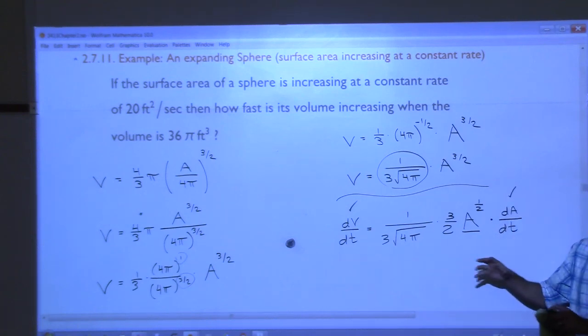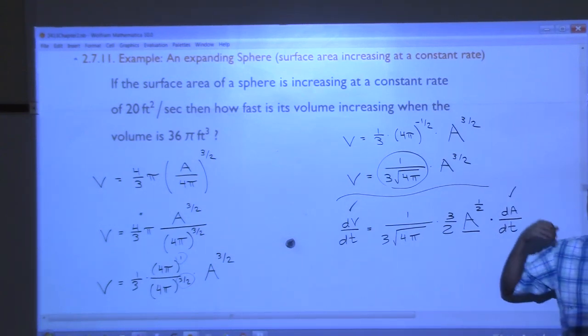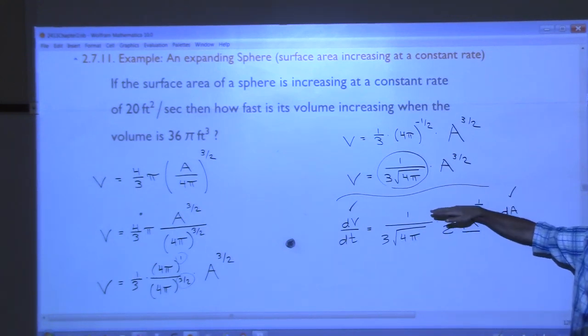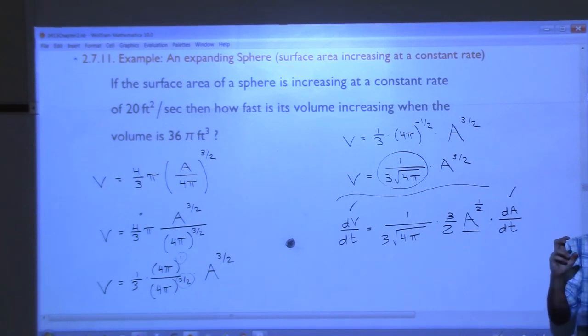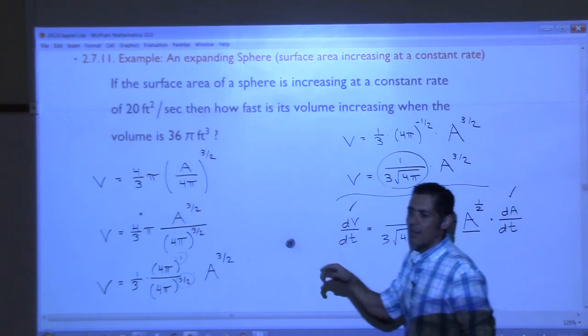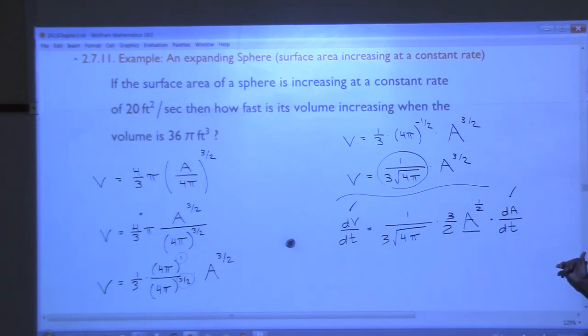See, at this point, and only at this point, I can start holding everything constant after the differentiation. Did I make that clear enough last time? That you cannot plug in the snapshot constants, that 36 pi. You can't plug that in until after you've taken the derivative. All right? So I need to figure out the area.